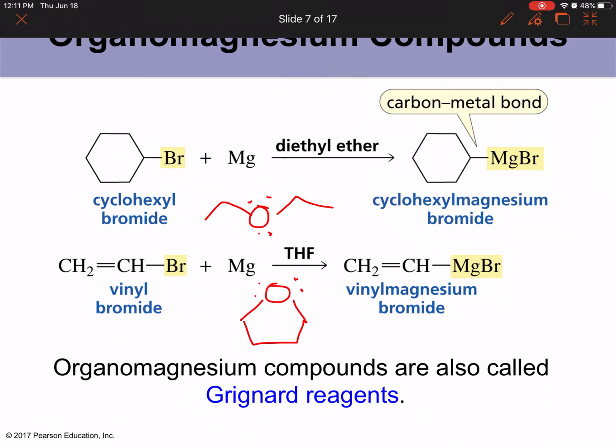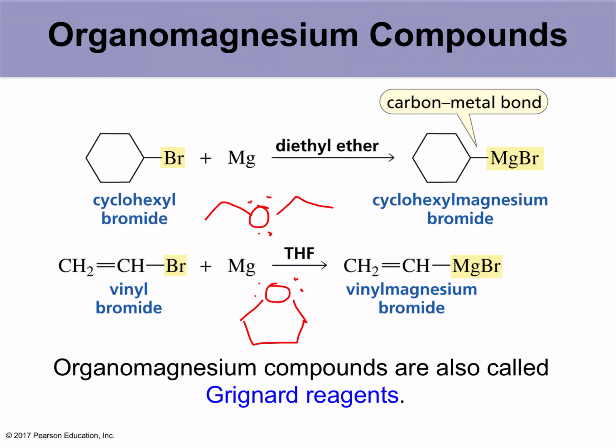You can also make a Grignard reagent with a vinyl bromide. The vinyl part is this part, a double-bonded carbon attached to a bromide, a vinyl bromide, and when you add the magnesium, it inserts between the carbon and the bromine, so vinyl magnesium bromide. Organomagnesium compounds are also called Grignard reagents, and this is a very important part of organometallic chemistry.